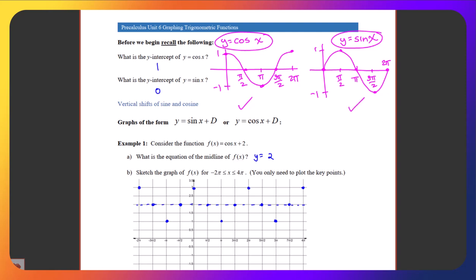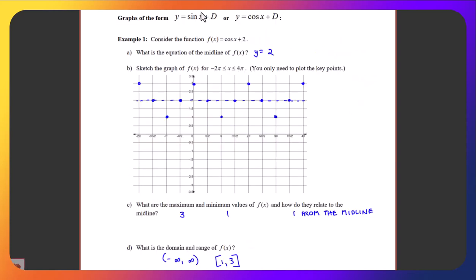The y-intercept of cosine is 1, and the y-intercept of sine is 0. What they want you to do is know where to start. Cosine is going to start at 1, sine is going to start at 0, because the shape is very similar. It goes up and down and up and down.